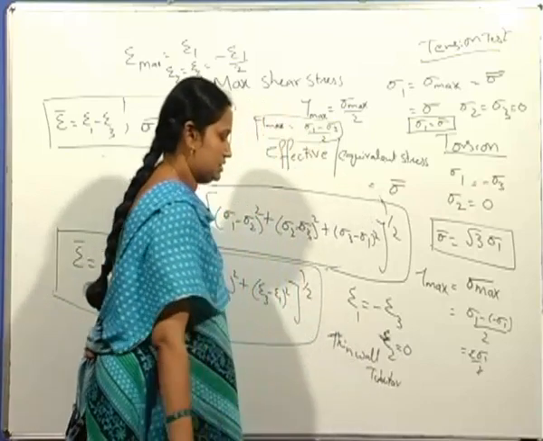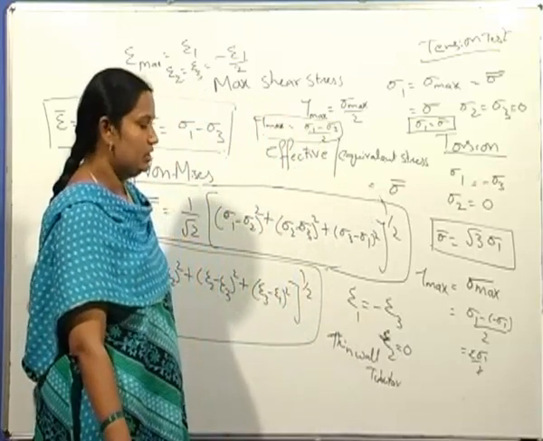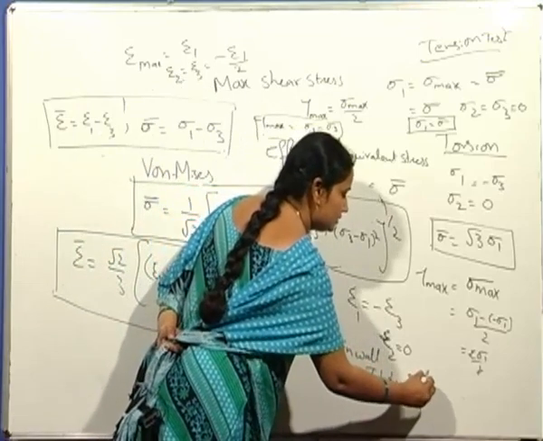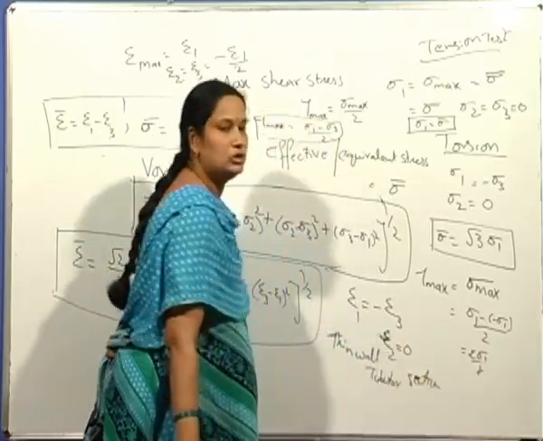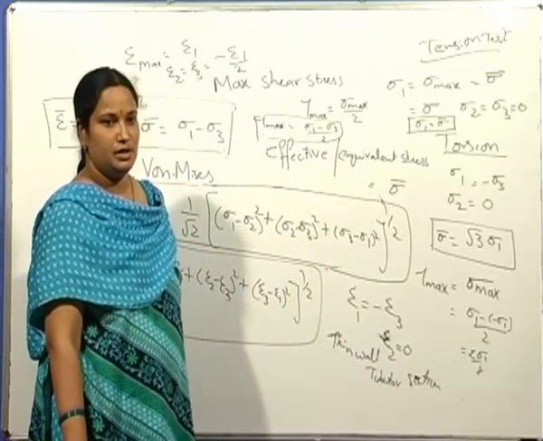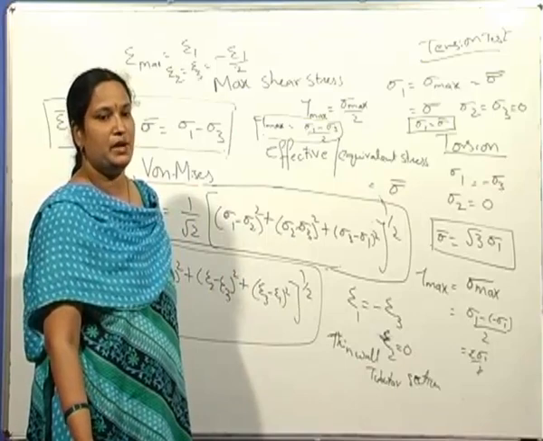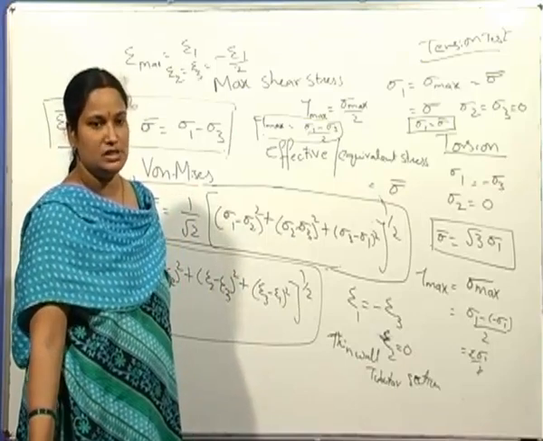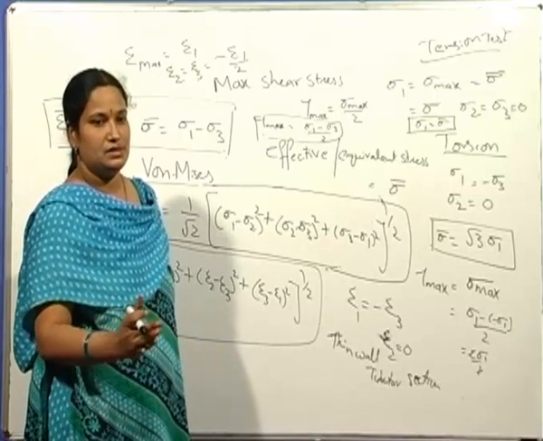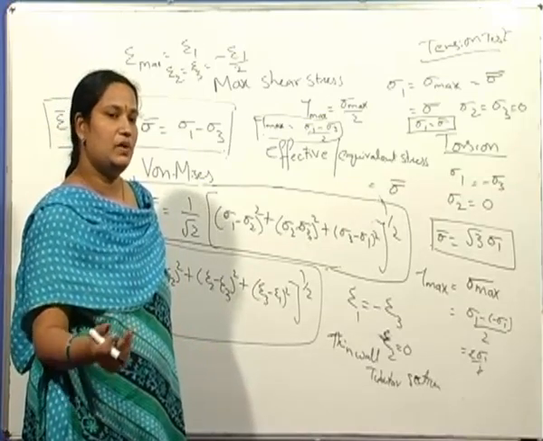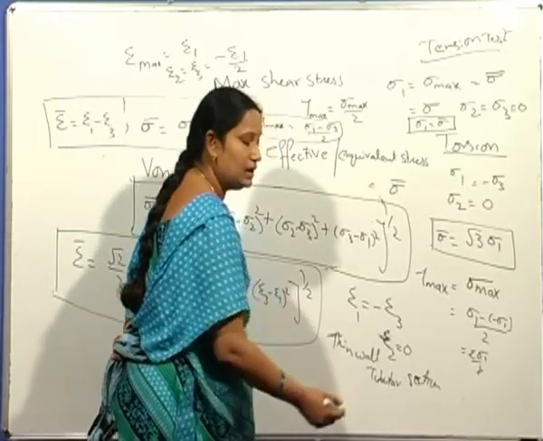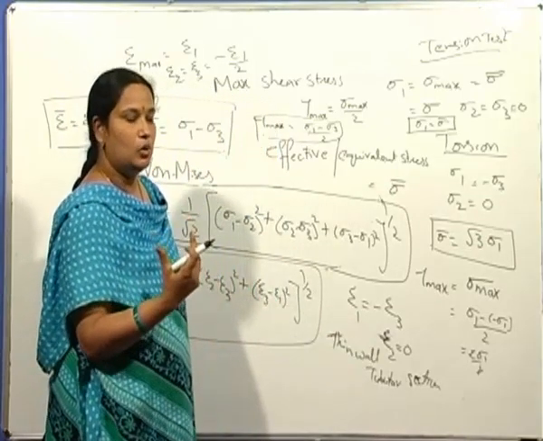So the state of stress for the case of thin-walled tubular section is both a plane stress situation as well as plane strain situation, because the state of stress is biaxial, sigma 1 and minus of sigma 3, that is tensile and compressive. Sigma 1 is equal to minus of sigma 3, where the intermediate stress is 0. And for the case of thin-walled tubular section, it is a hollow tube.